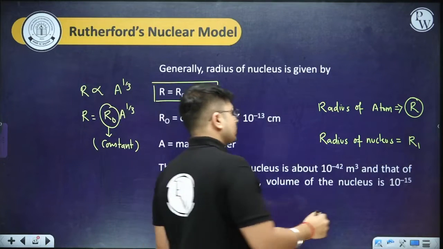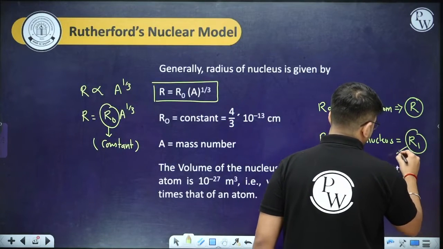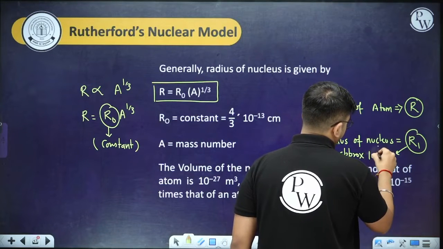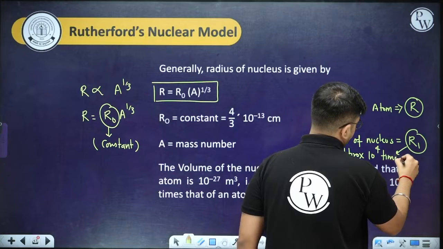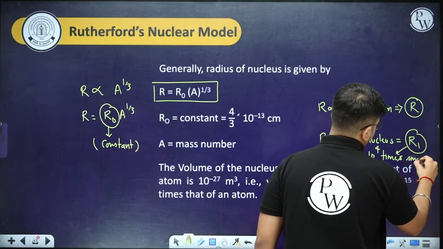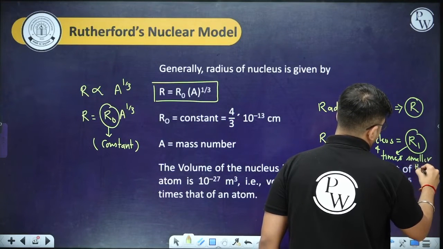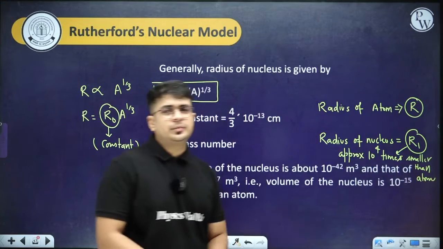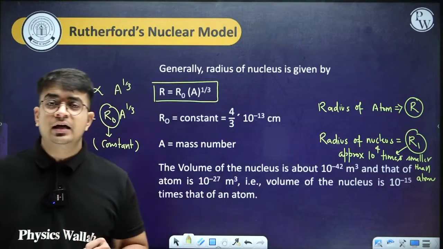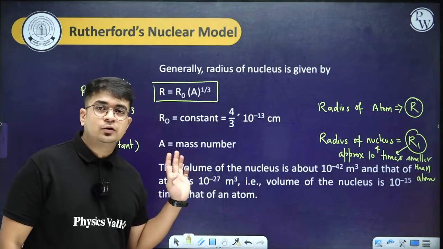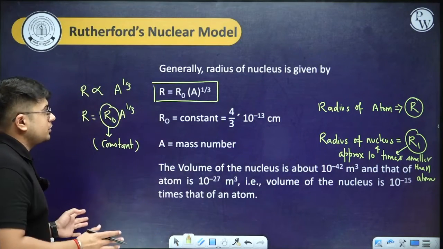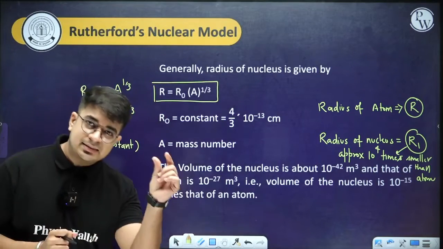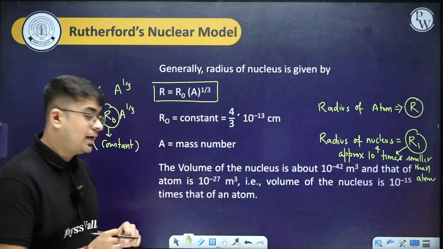Always remember that r1 is approximately 10 raised to the power 4 times smaller than the atom. I hope this entire part is clear to everyone. This is the basic comparison made by Rutherford to explain the size of the nucleus as well as the size of the entire atom.